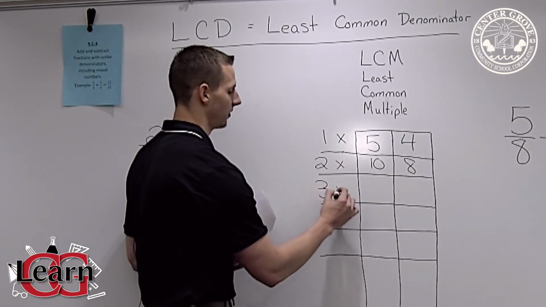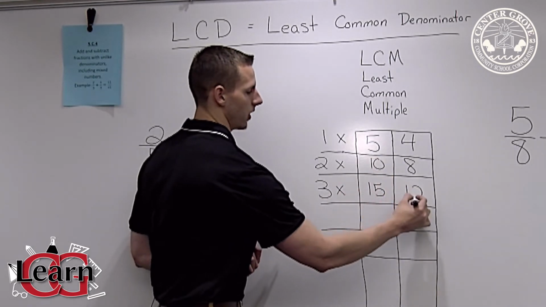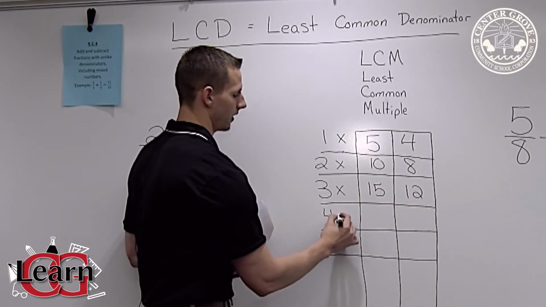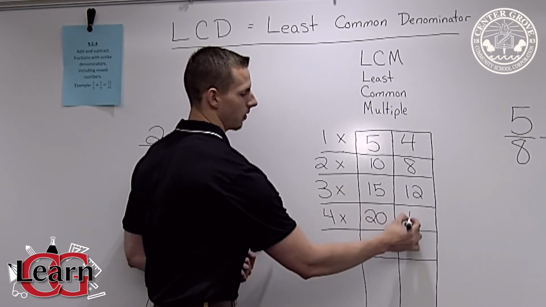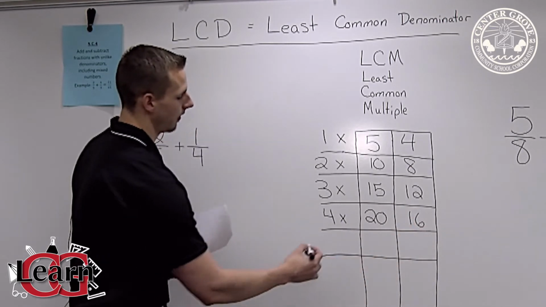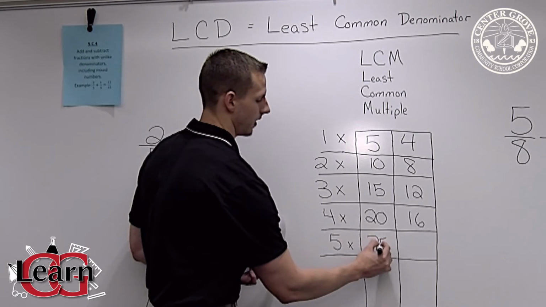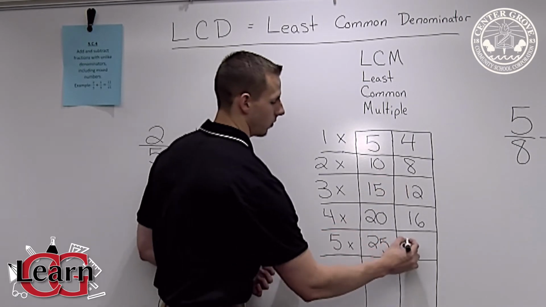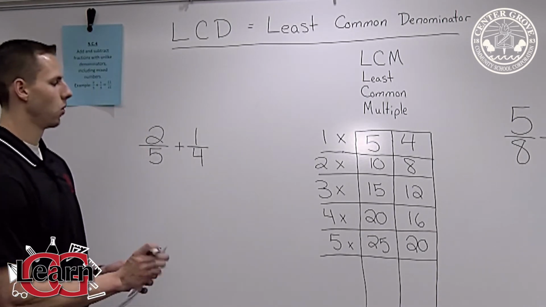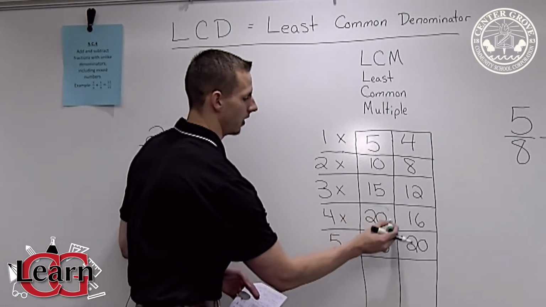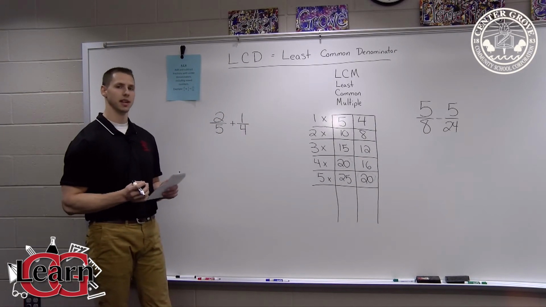So we'll do 3 times 5, which is 15, and 4 times 3, which is 12, 4 times 5, which is 20, and 4 times 4, which is 16. 5 times 5, which is 25, and 4 times 5, which is 20. Now as you can see, we have 20 in both columns. This is going to end up being our common denominator.